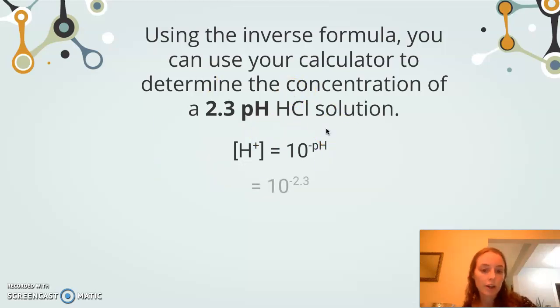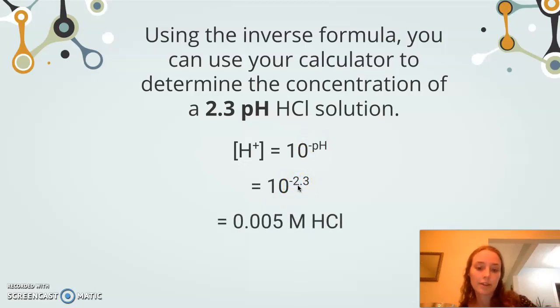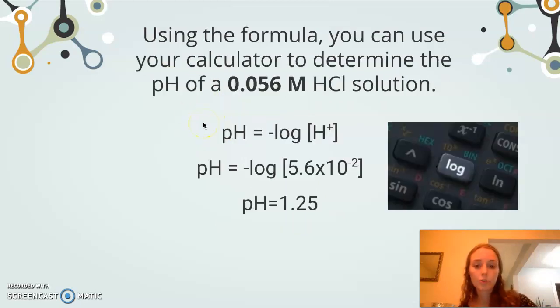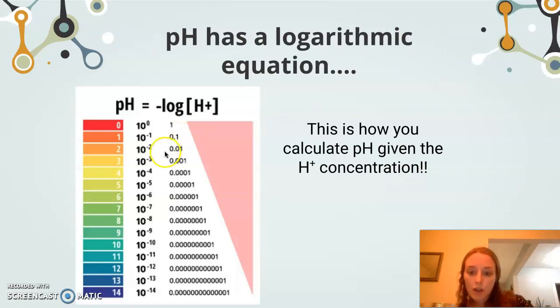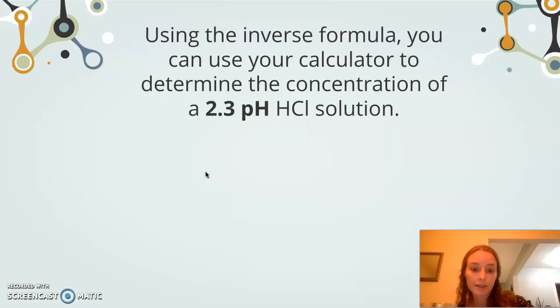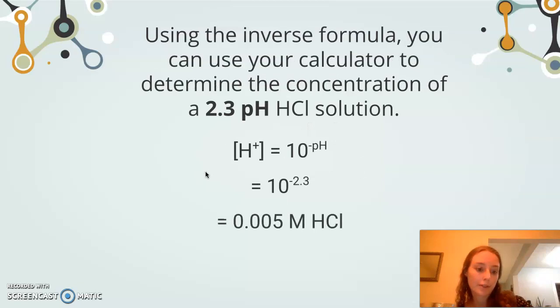So write this one in your notes. 10 to the negative 2.3 gives you 0.005 molar. And I can actually go back to the pH scale and see if that makes sense. So 2.3 pH should be somewhere around 0.01 to 0.001. And that was correct because my answer that we got there was 0.005. So it was between those two values.